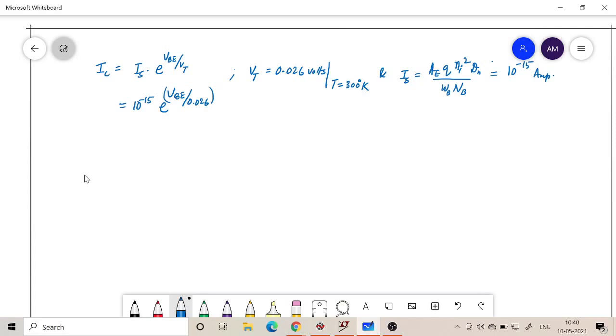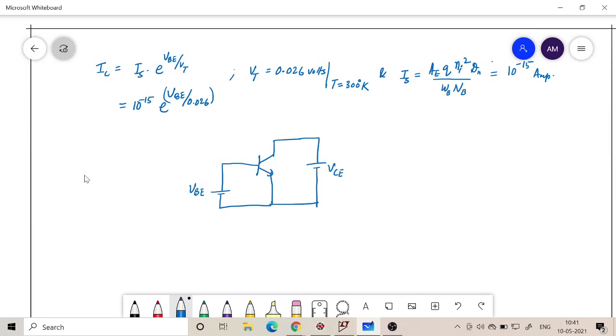Another thing we looked at is the effect of the reverse bias voltage, or VCE. So we are talking about this circuit. We are giving our VBE here, the base to emitter voltage. Again I am taking an NPN transistor, as you can see from the symbol, and this is my other voltage source, which is VCE.